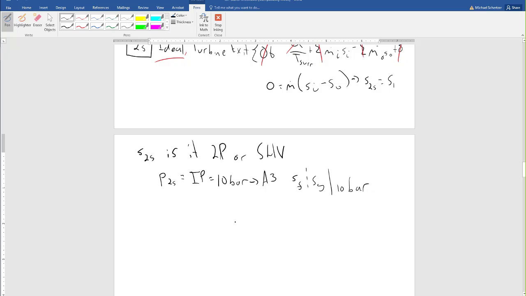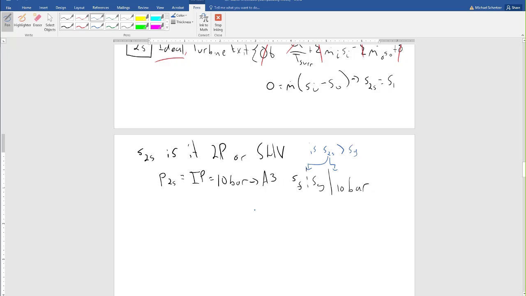And now I ask the question, is S2S greater than SG, right? So does S2S come over here, or is it in between these two numbers? If you get S2S coming out of a turbine as below SF, it probably means you did something wrong.